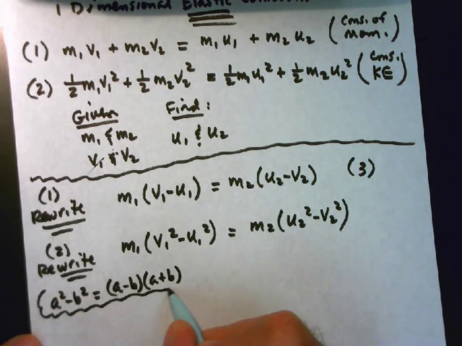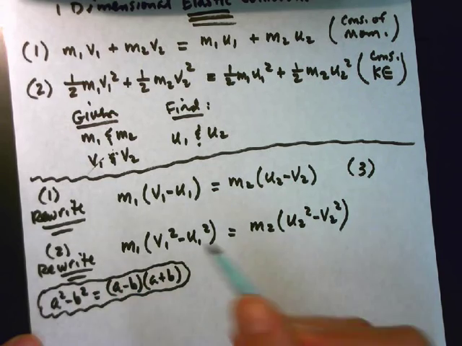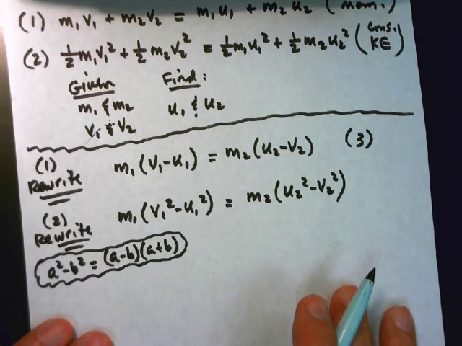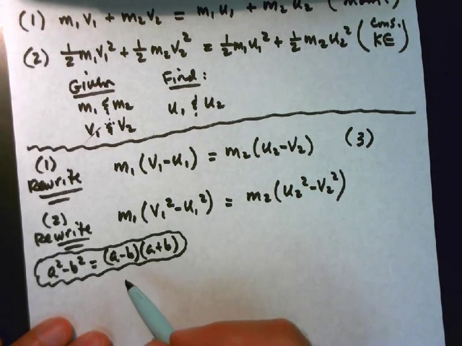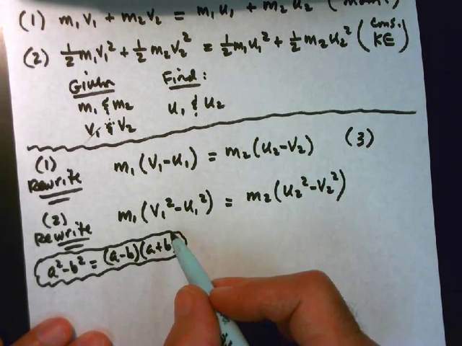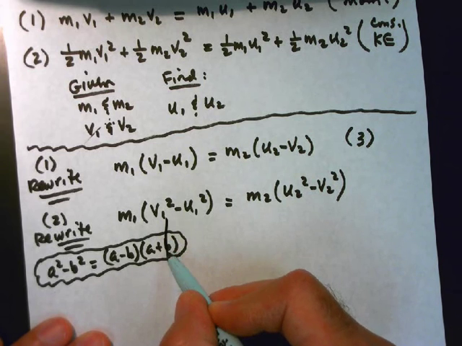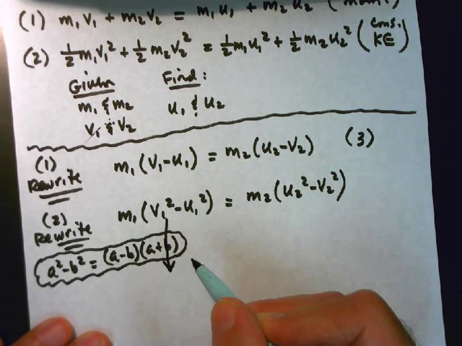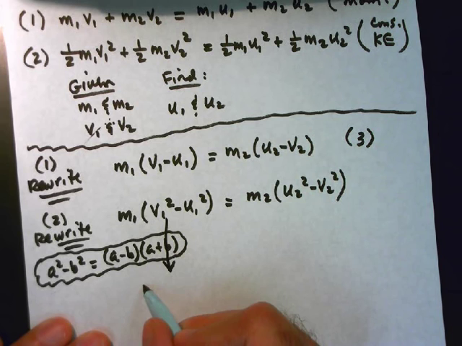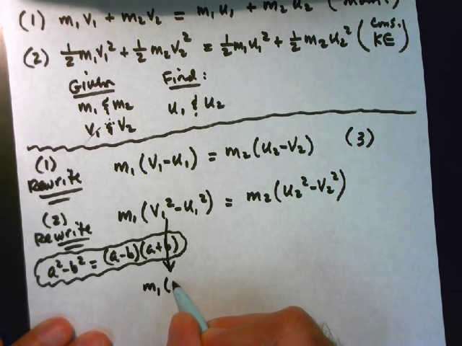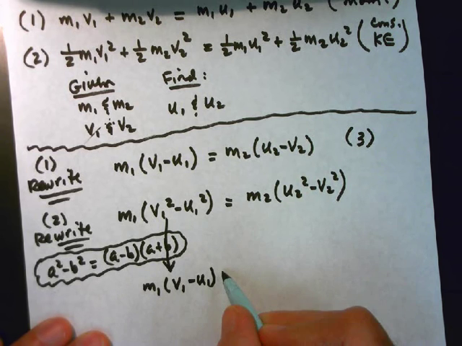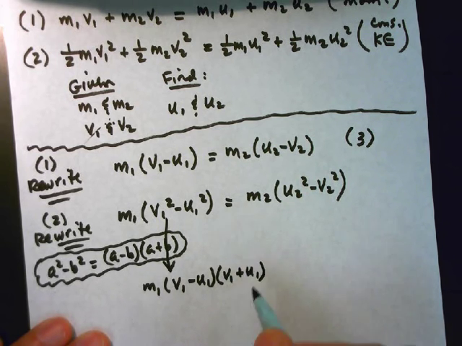We're going to use that concept to expand these out. So this will be m1 times (v1 minus u1) times (v1 plus u1).